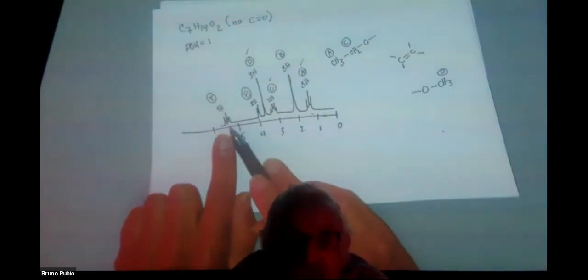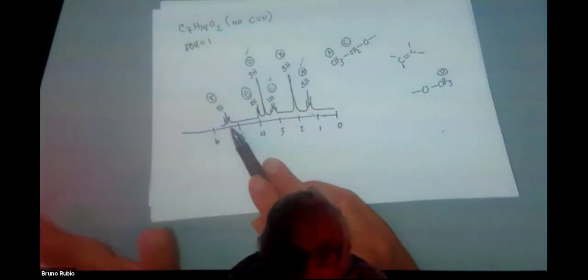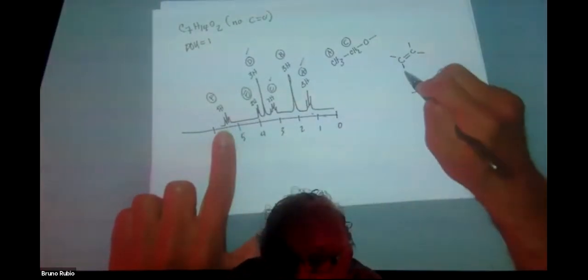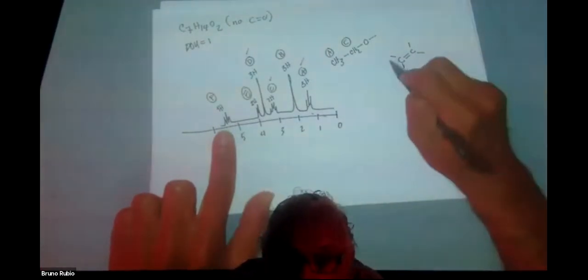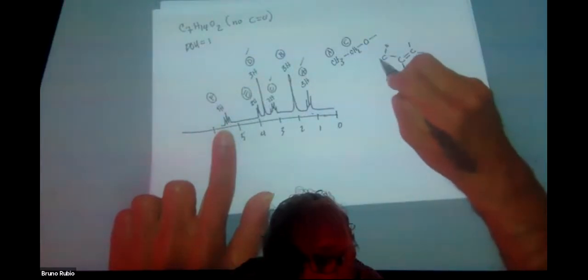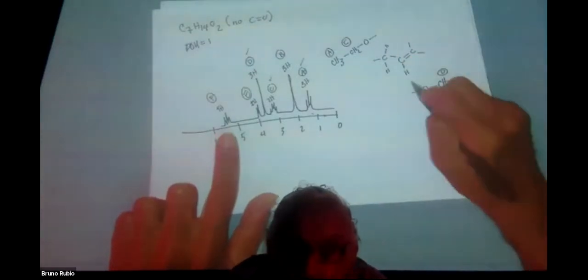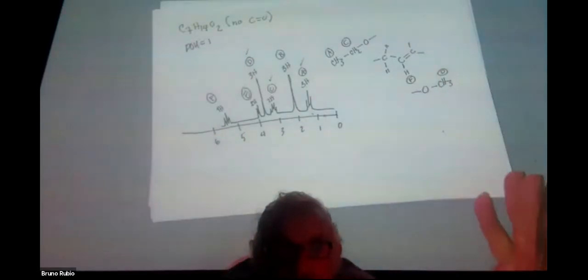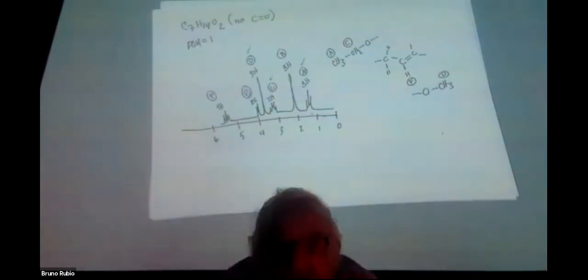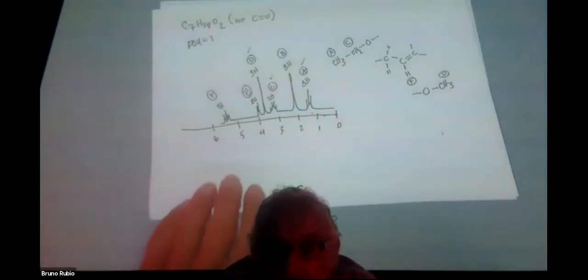So he has to be split by a CH2 group. So I'm going to put him here, and I'm going to put a CH2 here to split him into a triplet. So that's F. And I knew this was an alkene proton because his chemical shift in the 5s is typical of an alkene proton.